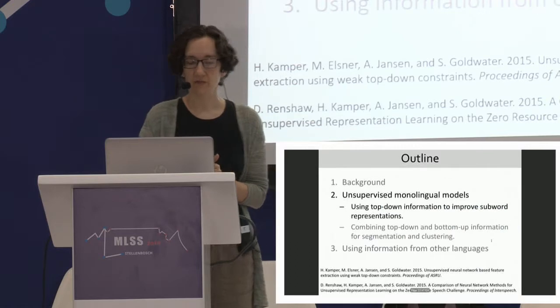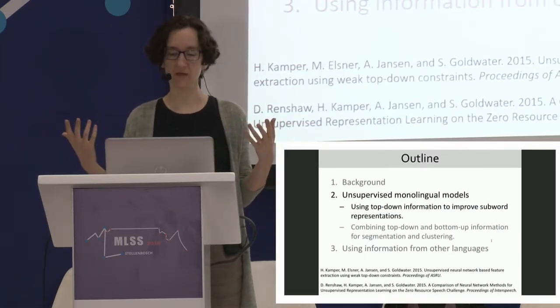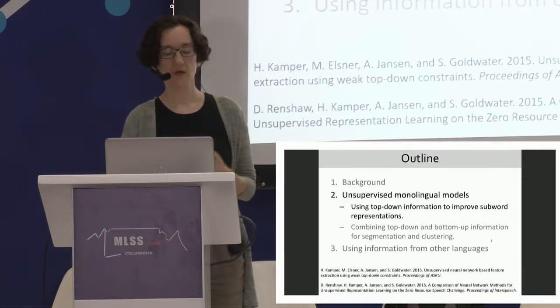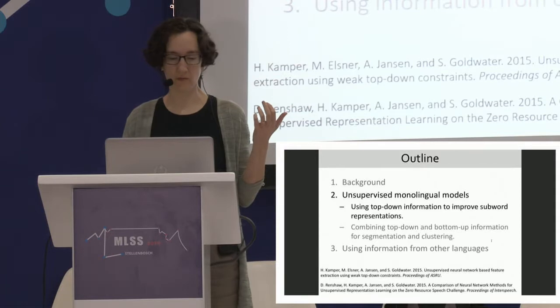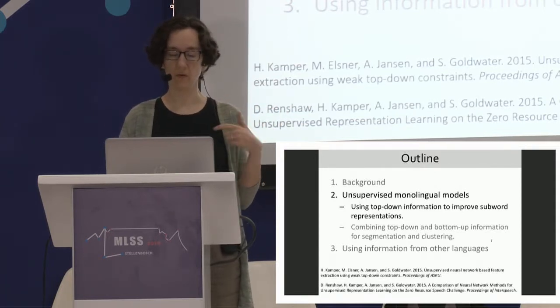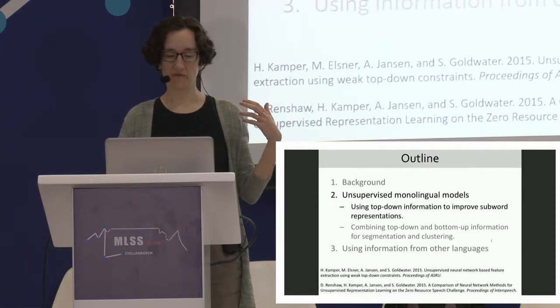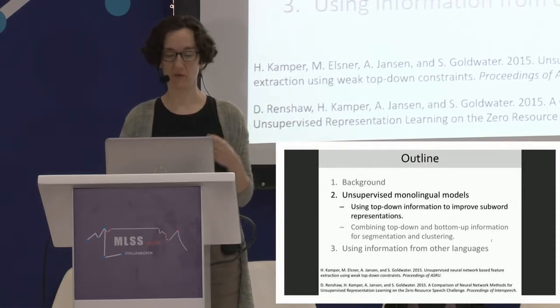So what we'd like to do here is use that insight to develop better models. First I'll talk about this idea of unsupervised monolingual models, and I've got two different models that I'll talk about. One of them uses top-down information to try to improve subword representations, and I'll say a little bit more about what that means.